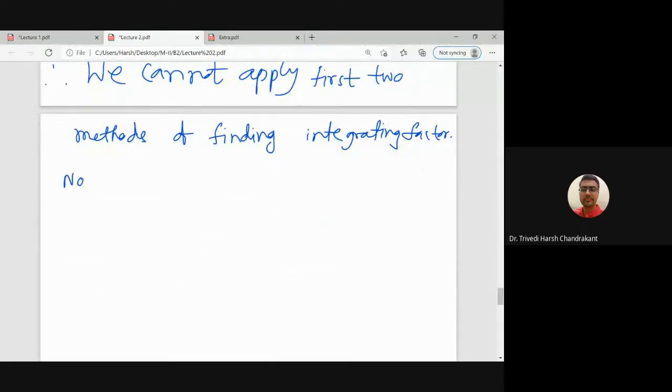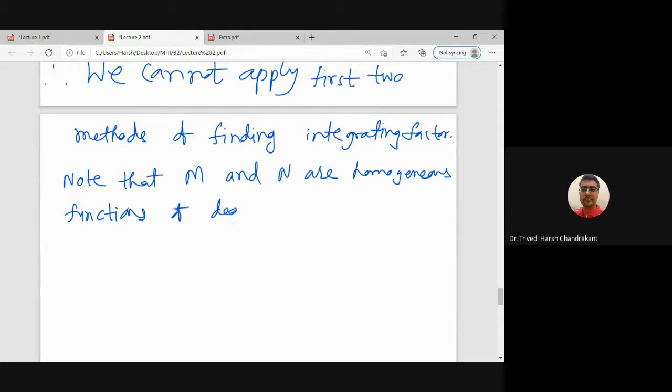So note that m and n are homogeneous functions of degree 3. Right? What you said is correct. Both functions have the same degree, which is 3. So now we'll check mx plus ny.